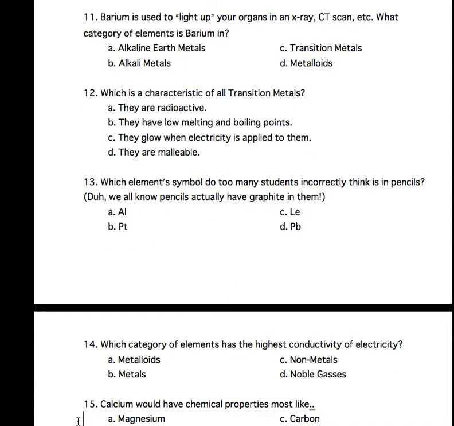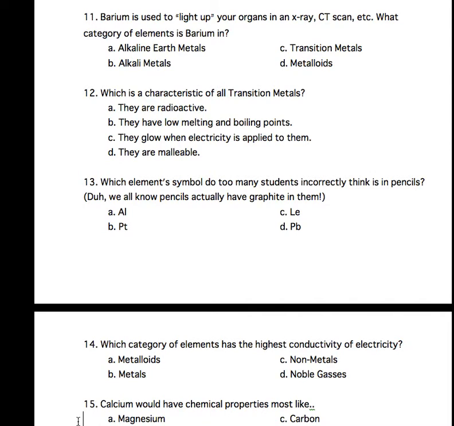Number 11. Barium is used to light up your organs in an X-ray, CT scan, etc. What category of elements is barium in? Is it in A, the alkaline earth metals, B, alkali metals, C, transition metals, or D, the metalloids?